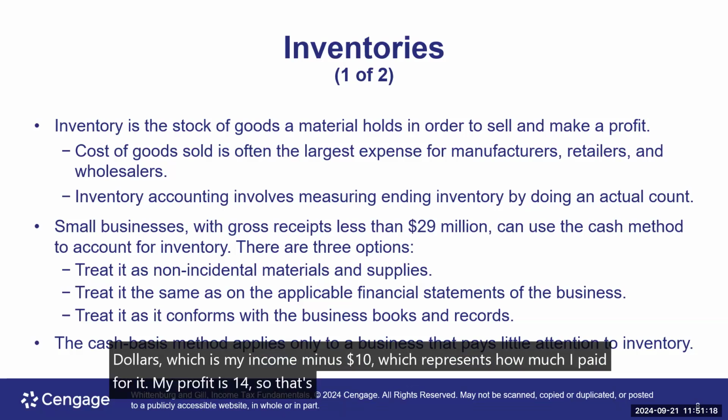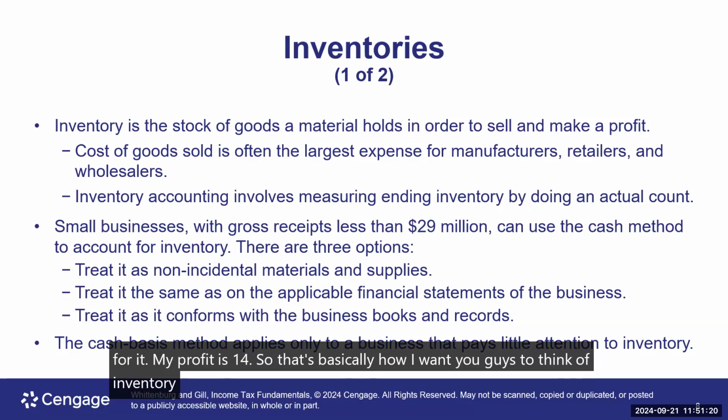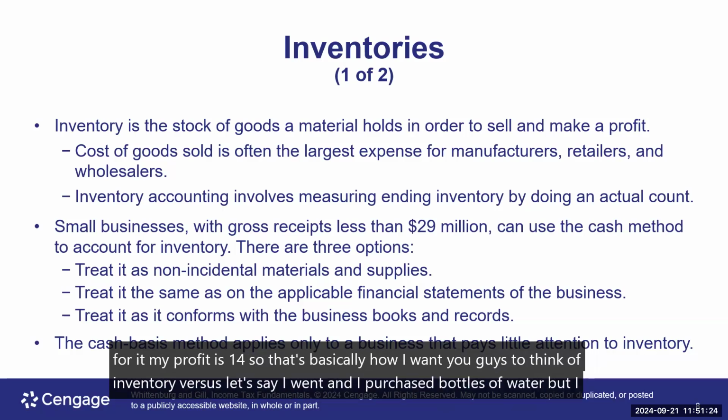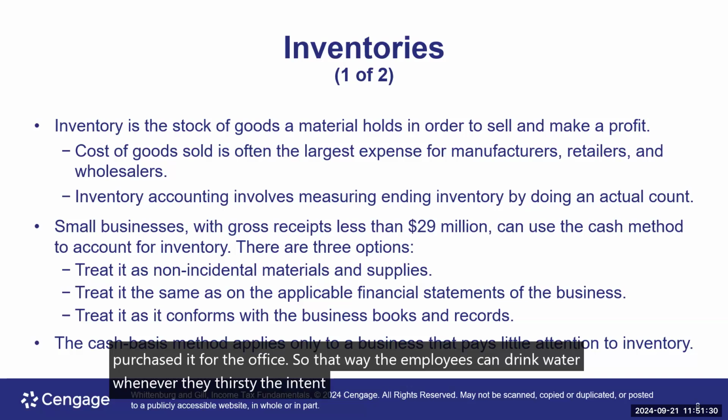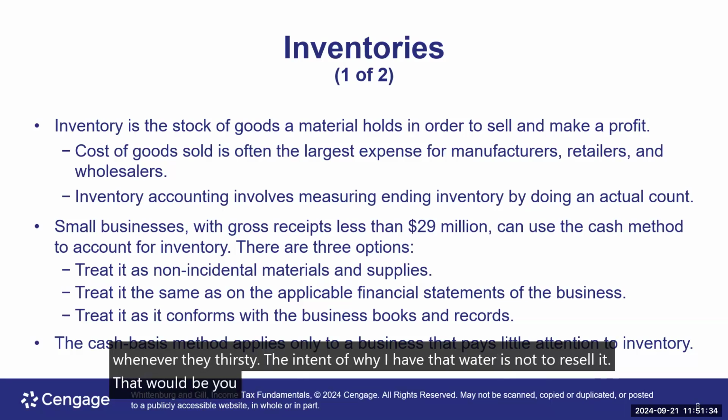That's basically how I want you to think of inventory versus, let's say I went and purchased bottles of water for the office, so that the employees can drink water whenever they're thirsty. The intent of why I have that water is not to resell it. That would be considered an office expense.